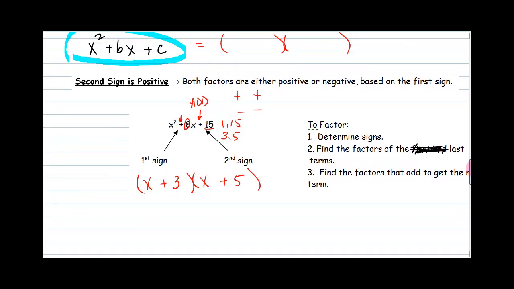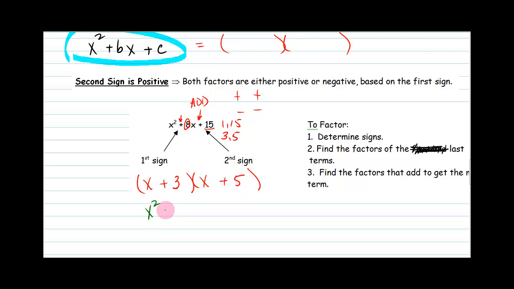Now, if you're unsure whether you did it correctly, you can always go back and FOIL your answer, because remember, factoring is the undoing of FOIL. So let's check our answer. First would be x times x, so I get x squared.